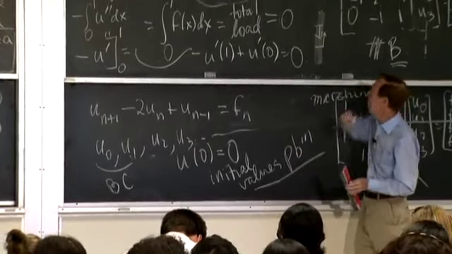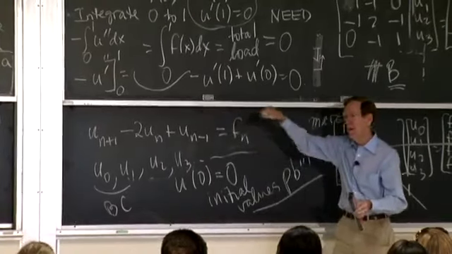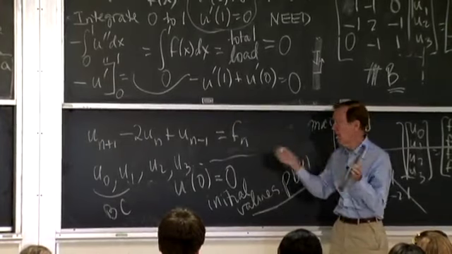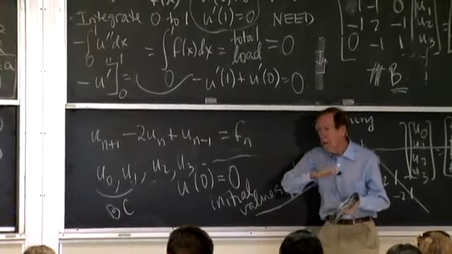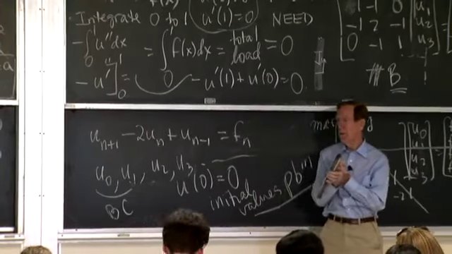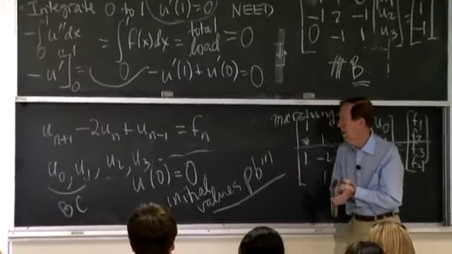Whereas in our problems, we've only got one thing to start on, and we've got one goal to hit. And that's why we have to solve the whole system together. This one we can solve step by step. This is way faster, of course, to be able to just go forward in time.